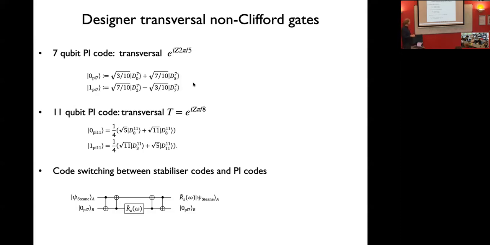So one way to do this could be, for example, let's say you had a 7-qubit Steane code, and you wanted to do a non-Clifford gate on that.